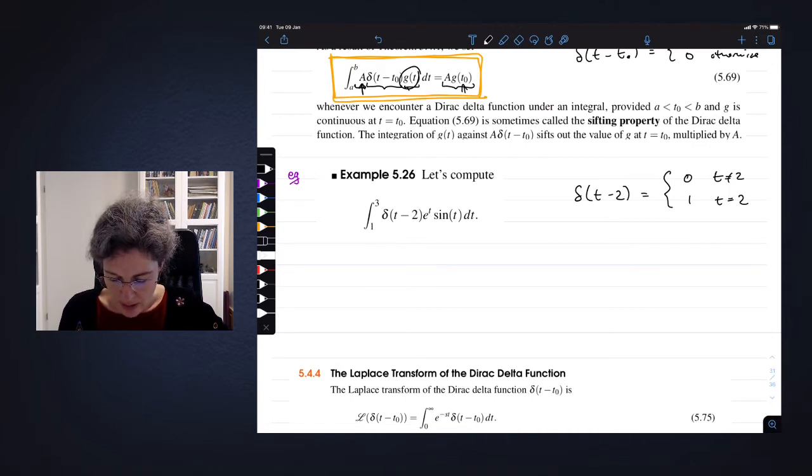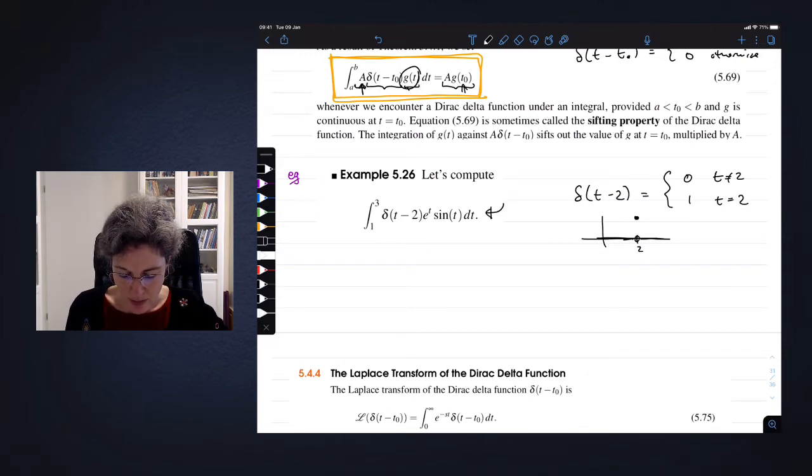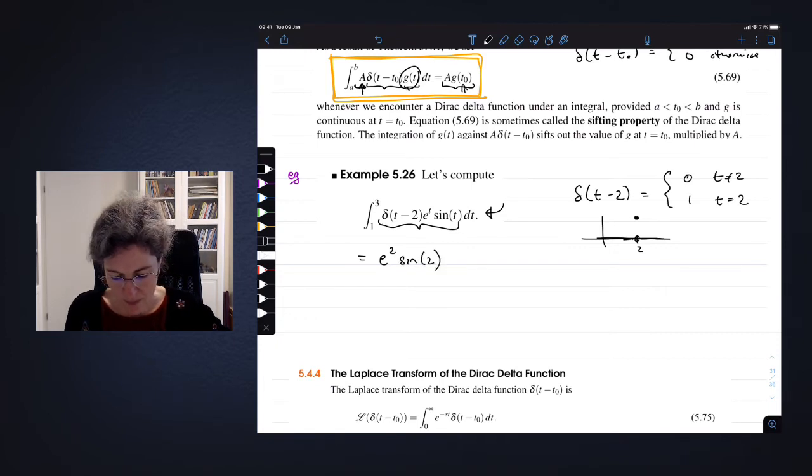So it's a little thing that looks like this. So it picks out from within this integral the only time that the integrand there is non-zero, which is when t is equal to 2. So our solution here must be e to the 2 sine of 2.